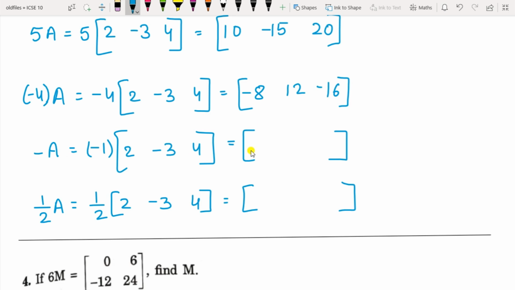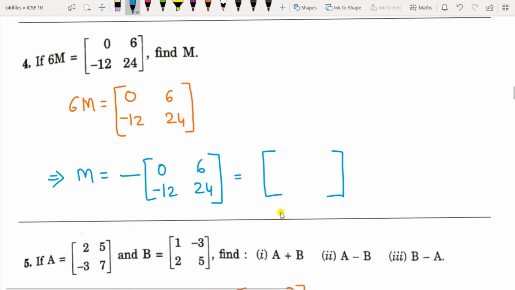Multiply by minus 1, so it will be minus 2, 3 and minus 4. And multiply by 1 by 2, so this will be 1, minus 3 by 2, and 2. Simple thing. Multiplying a matrix by a number is a very easy thing.